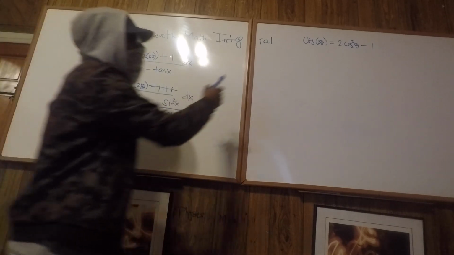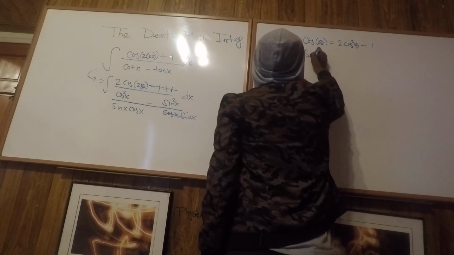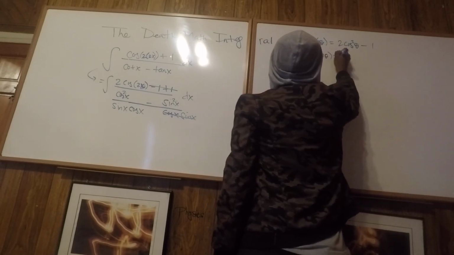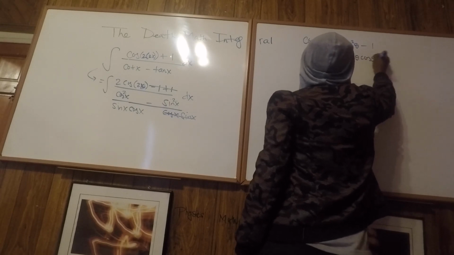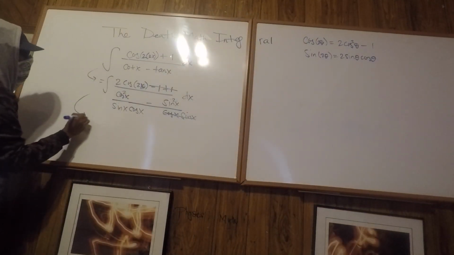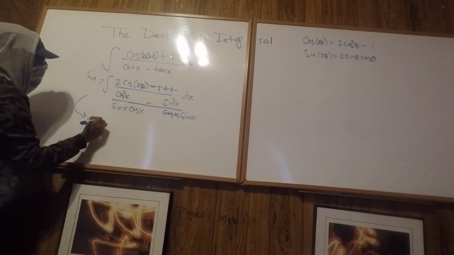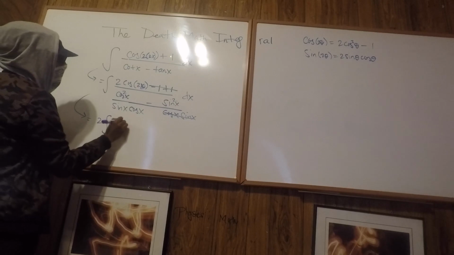And recall, it's similar to the cosine double angle identity. There's a sine double angle identity that says sine 2 theta is equal to 2 sine theta cosine theta, right? Okay, so we take this 2 right in front of the integral sign and go cosine 2x, I'm going to keep that as is.